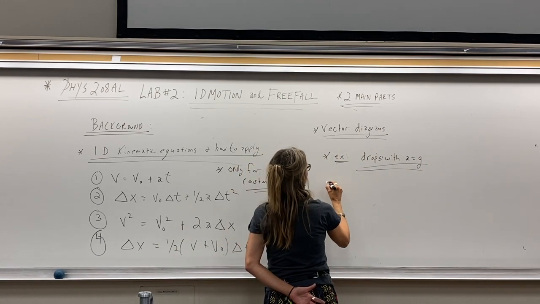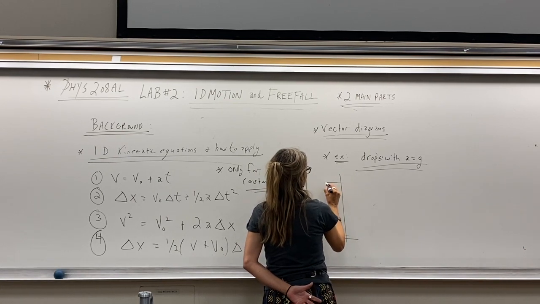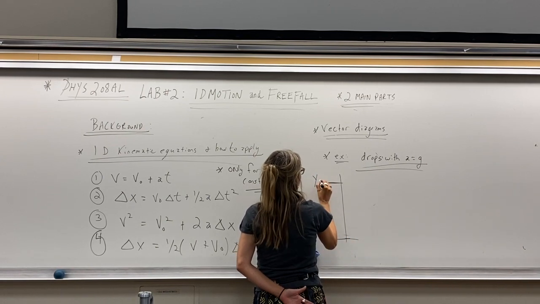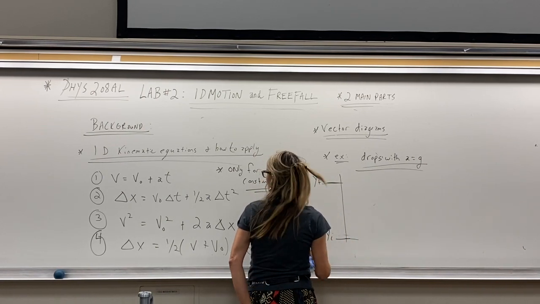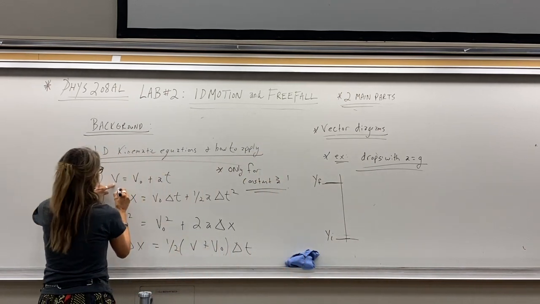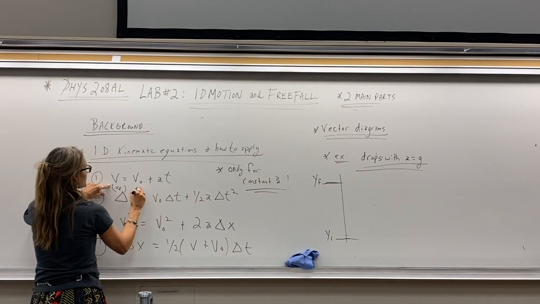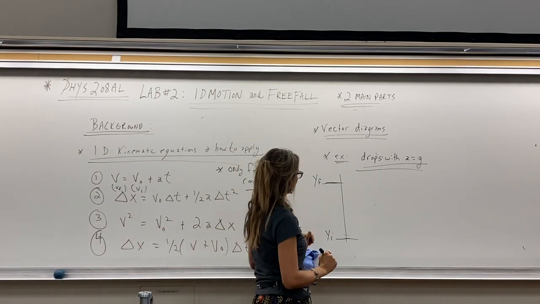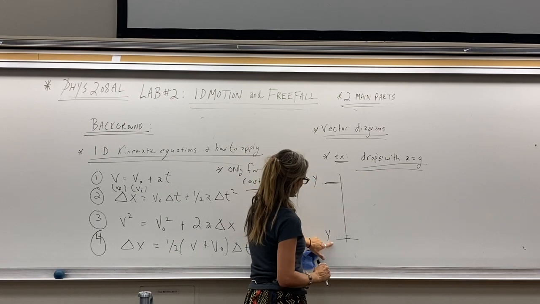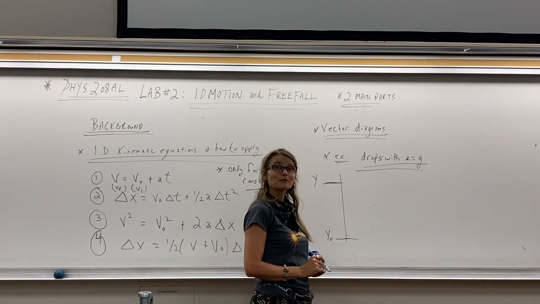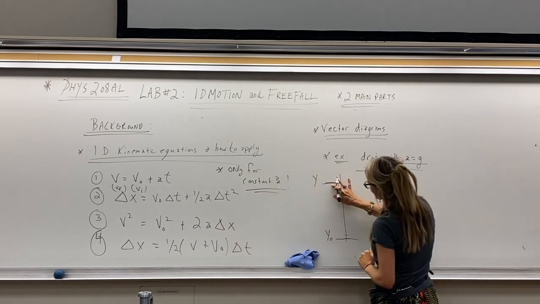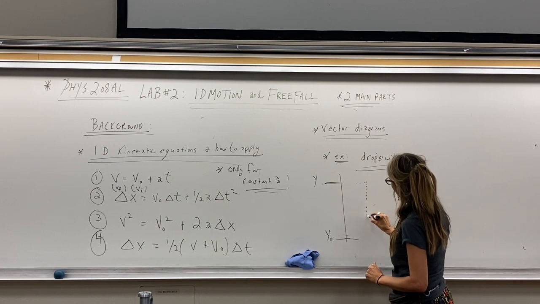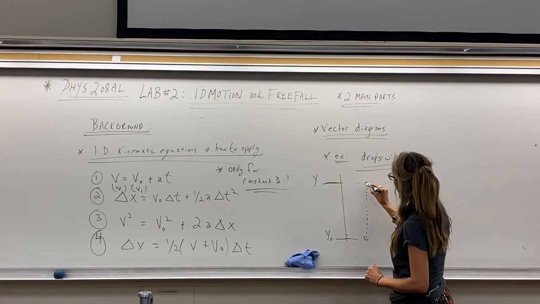If I were to drop a ball, here's my y final value, or my y initial. It just depends on what textbook or reference you're looking at. There's two ways of doing it. Or I could say y and y naught. So here's my final position, my initial position. If I drop an object, like a ball, from this height, how would I reflect this vectorially?